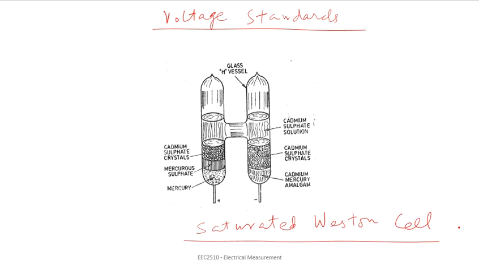So this saturated Western cell acts as the primary standard of voltage or EMF. The positive electrode is mercury and the negative electrode is the amalgam of cadmium. The electrolyte used here is the solution of cadmium sulfate.